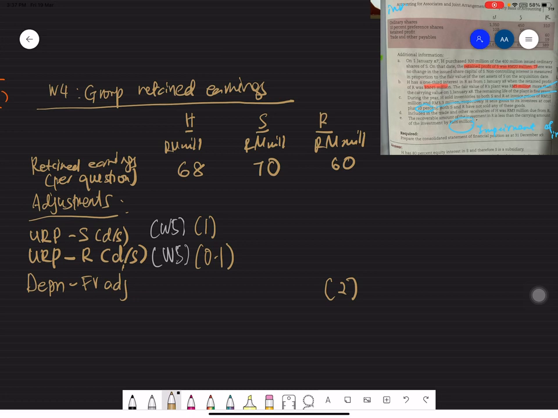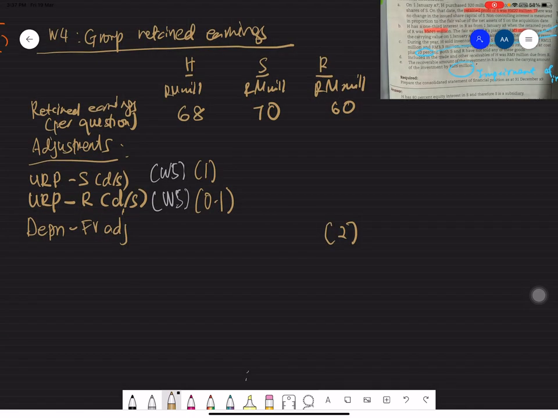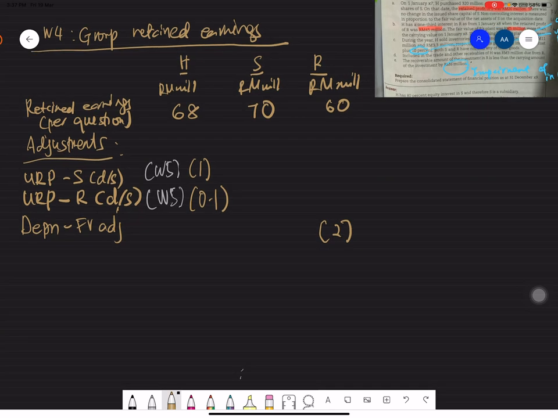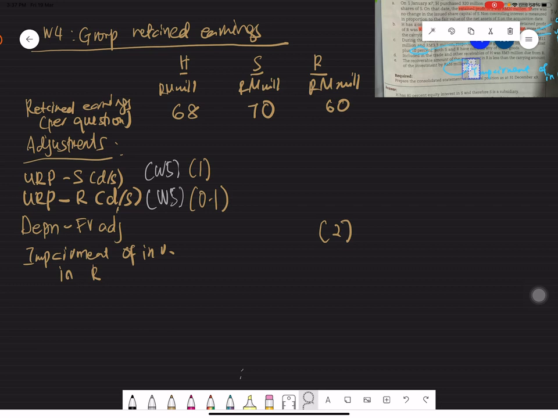And then the impairment loss. Impairment of investment in R, 6 million. This one is 6 million.